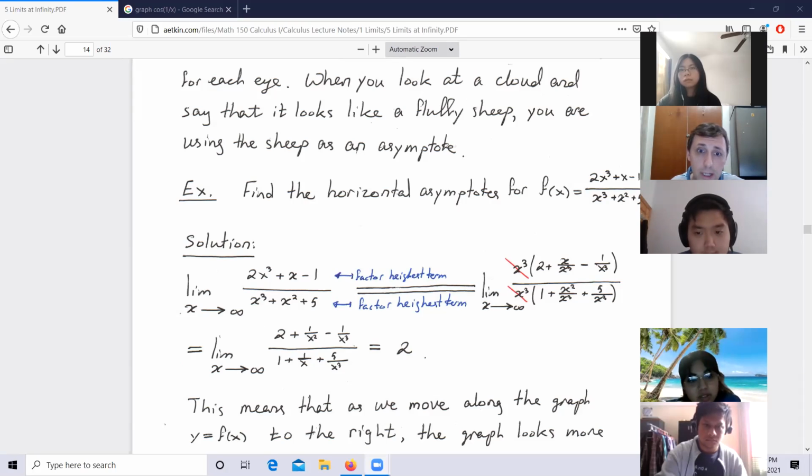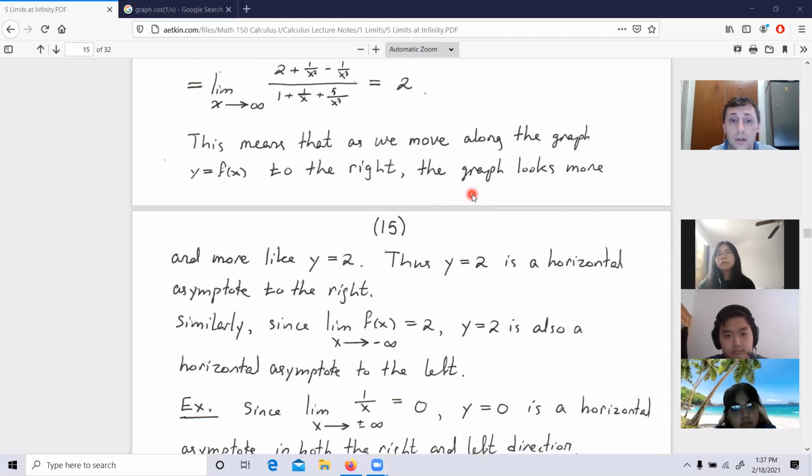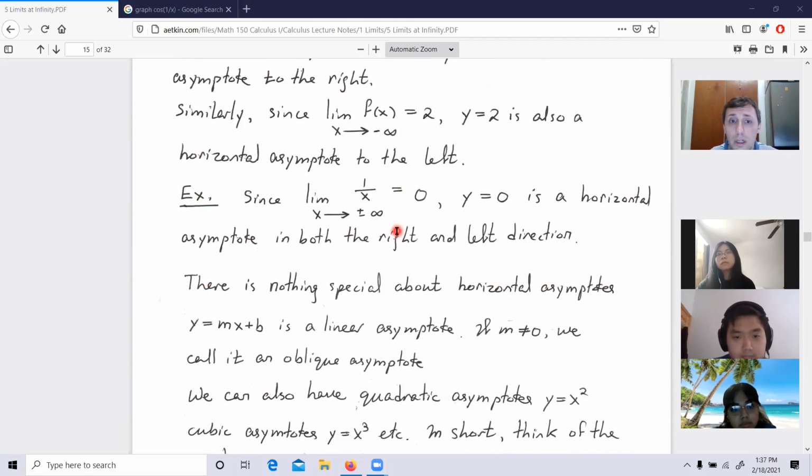Yes, when x goes to negative infinity, what will be my horizontal asymptote, or do I not have it? Exactly, Christina. Calculation is exactly the same. It ends up being 2 as well. So if I move to the left, it will be 2. You see, I take limit as x goes to minus infinity. Good?